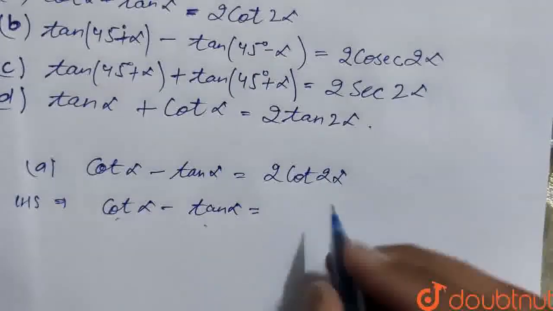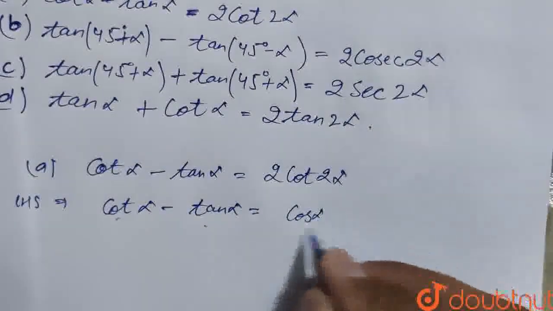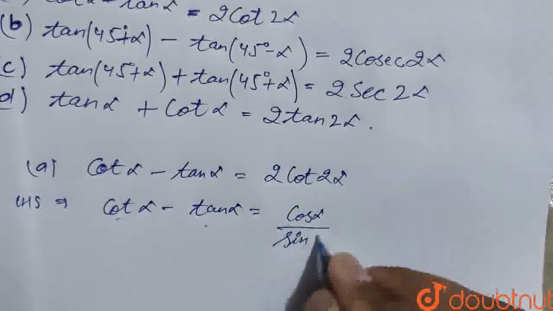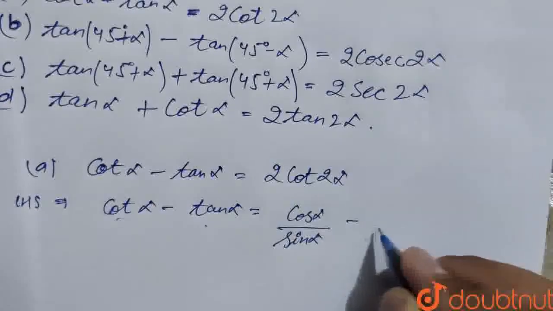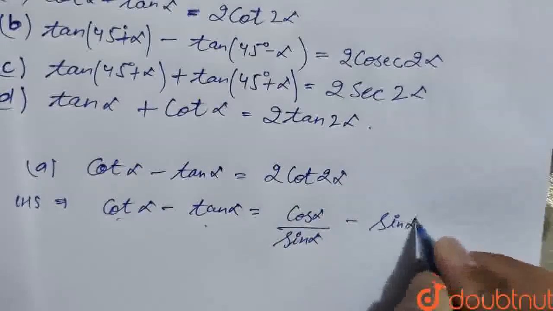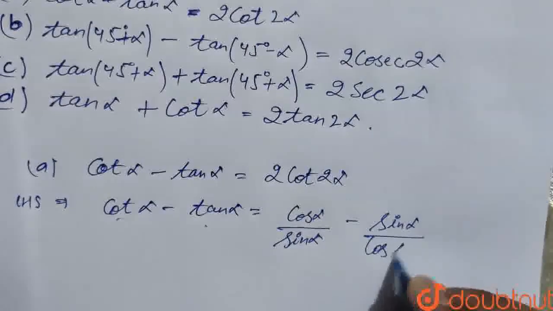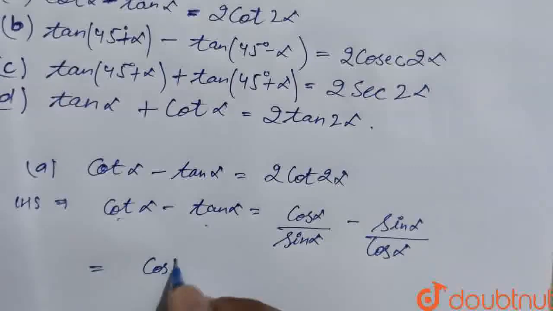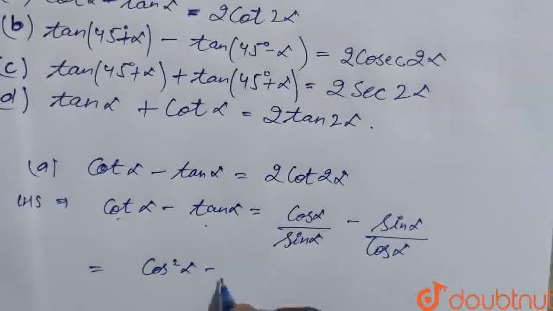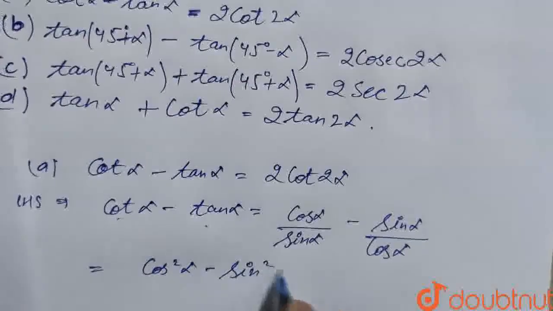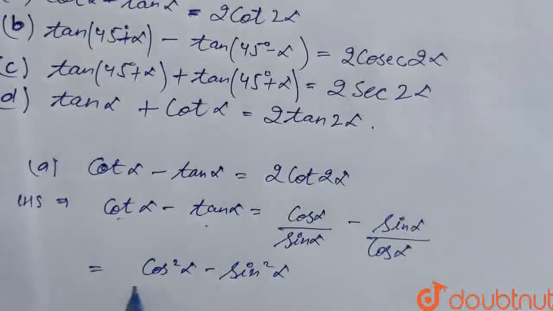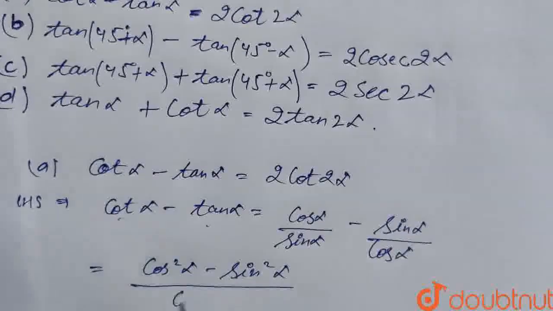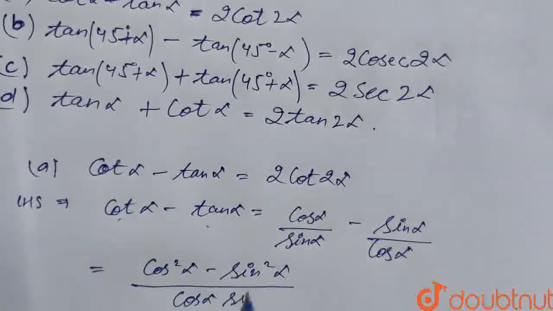So cot alpha can be written as cos alpha divided by sin alpha, and minus tan alpha can be written as minus sin alpha divided by cos alpha. Now taking LCM, we get cos square alpha minus sin square alpha divided by cos alpha sin alpha.